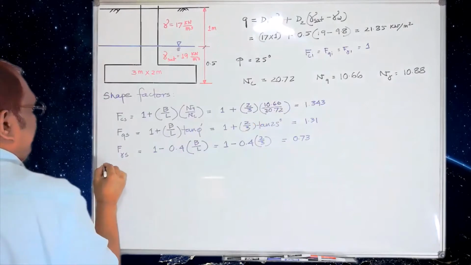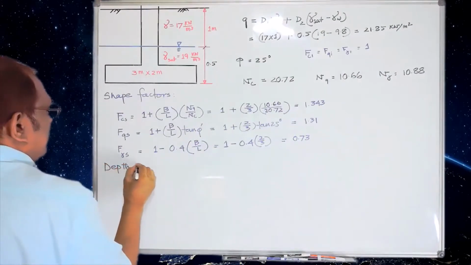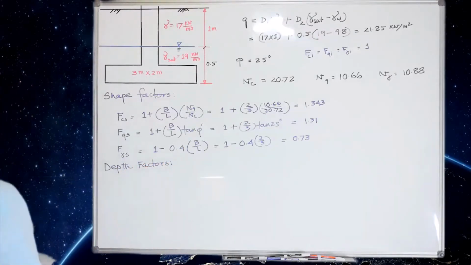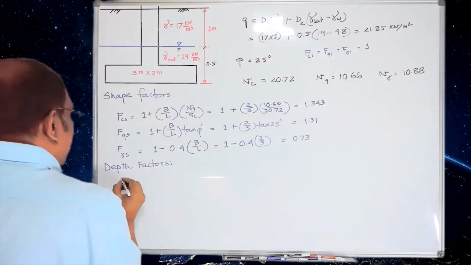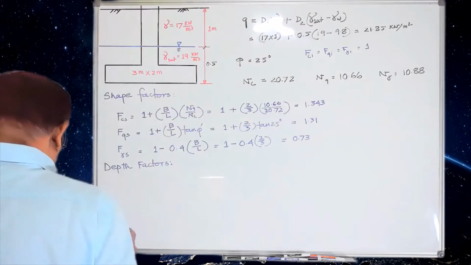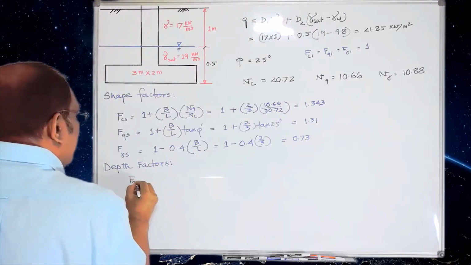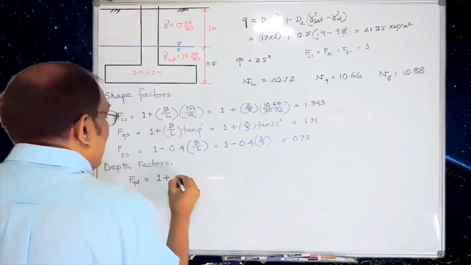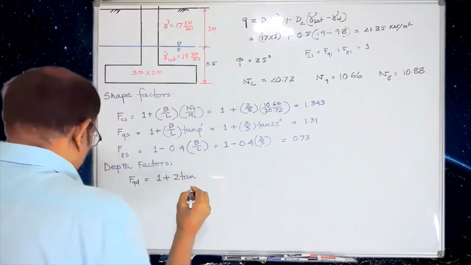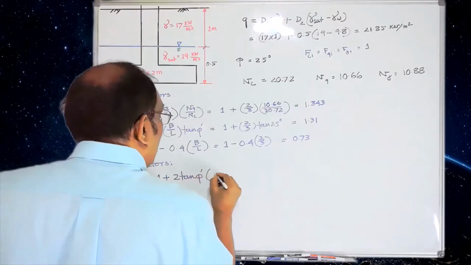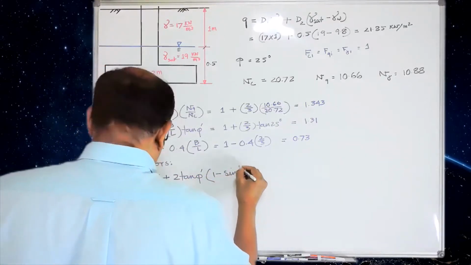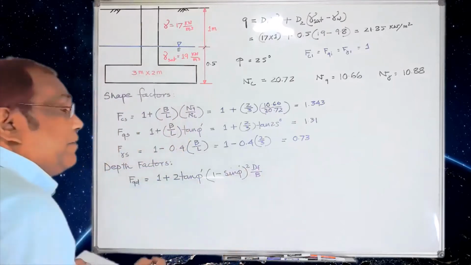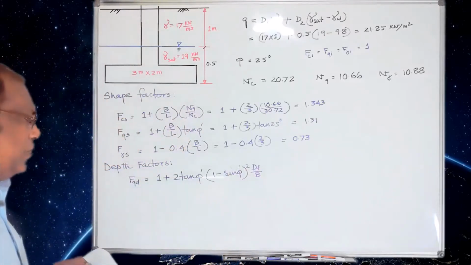Now depth factors. So FQD is 1 plus 2 tan phi prime into (1 minus sine phi prime) squared into Df by B. Df is the depth of foundation, which is 1.5, and B is actually 2.